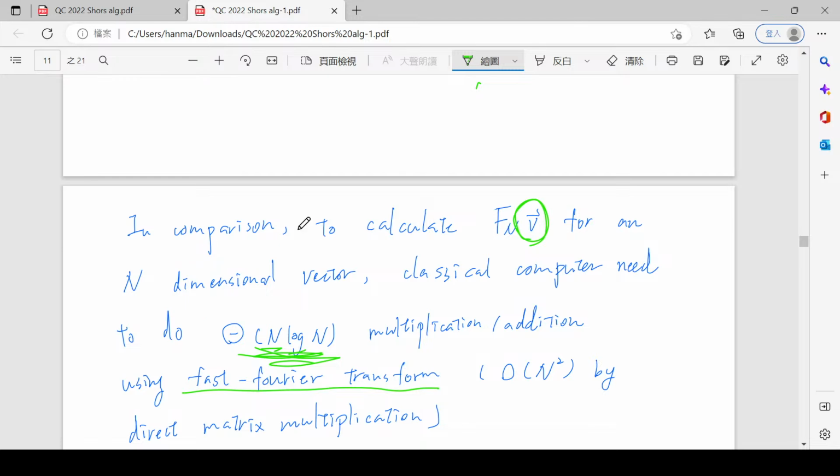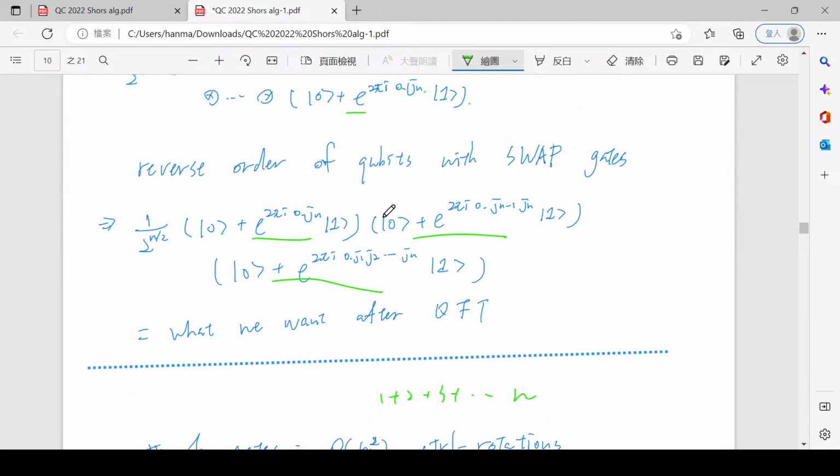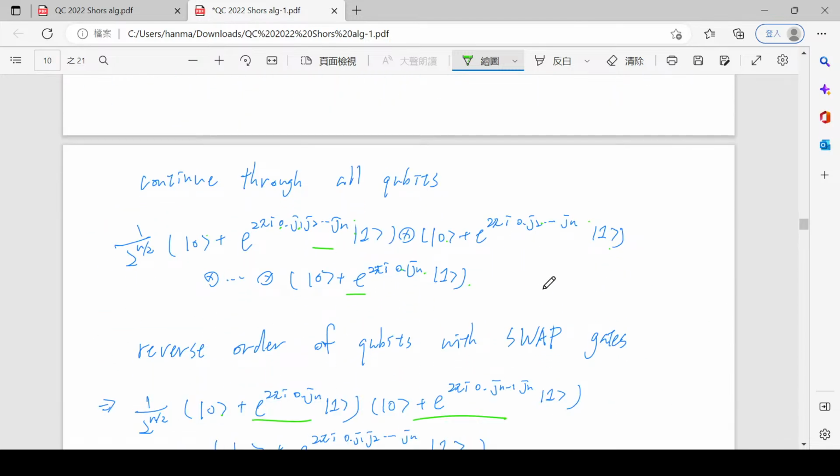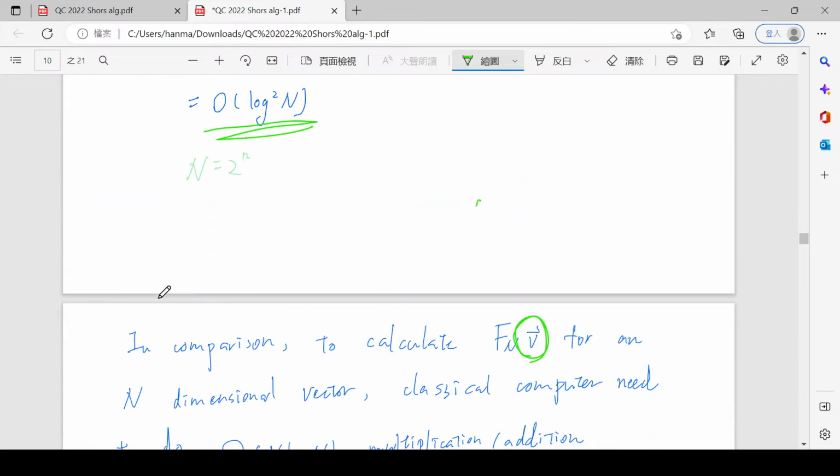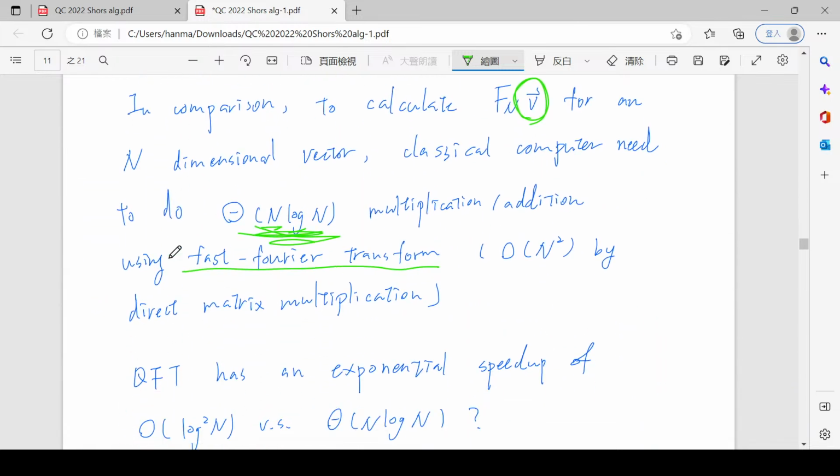And it's a little related to how we do this quantum Fourier transform, but it's not very obvious, so let's skip that.